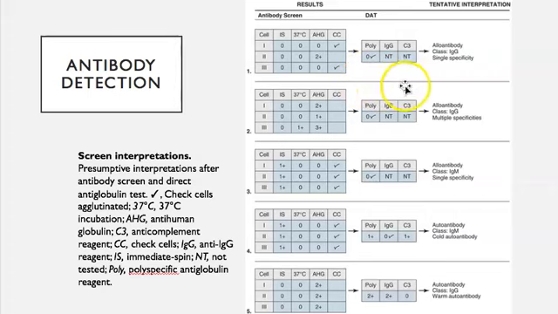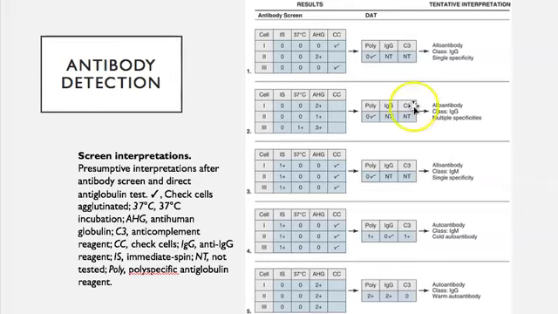Since we have a positive antibody screen, we have to perform a DAT. This column is the results of the DAT testing. They tested with polyspecific AHG, and then individually with the IgG and the C3.